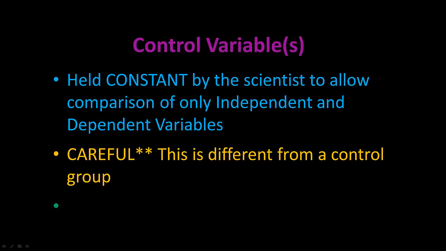The third and last type of variable we're going to discuss is the control variable, or variables. This is the variable that must be controlled or cannot change because of any other variable.